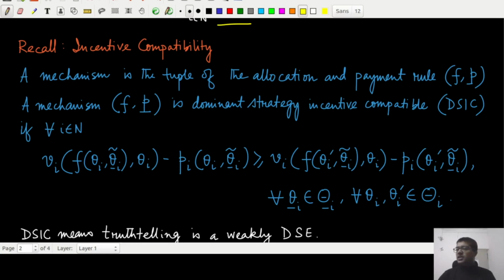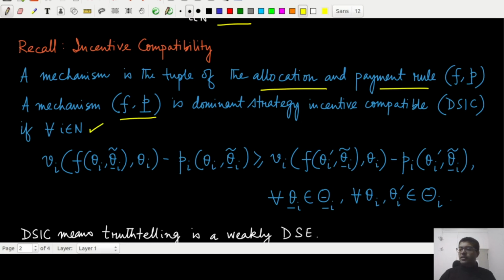So we know that a mechanism in this context is a tuple of the allocation and the payment rule, which is denoted by F and this vector P. So P vector essentially tells you the vector of all the payment functions. Now we are going to call a mechanism f comma p to be dominant strategy incentive compatible if the following thing happens, that is, for all players this inequality holds. And let us try to read this inequality.